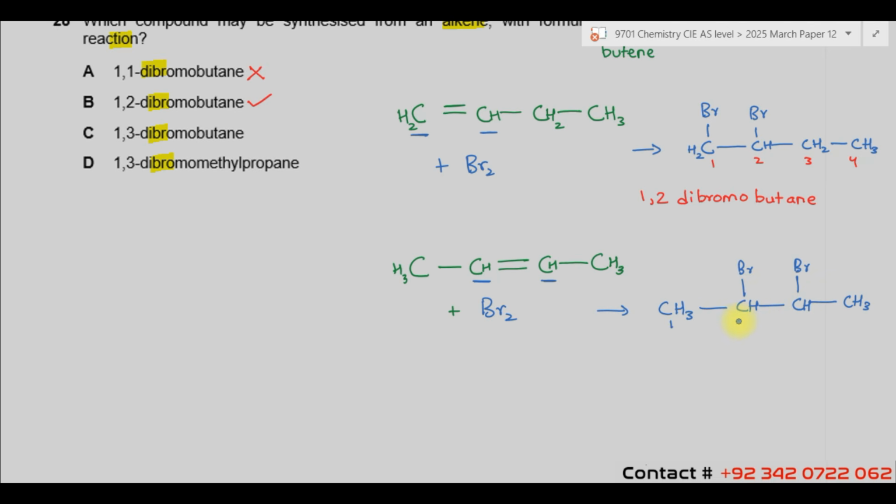Okay, now if we do numbering like this, the name will be 2,3 dibromobutane. 2,3 dibromobutane is not given. These are not possible. So the correct option is B.